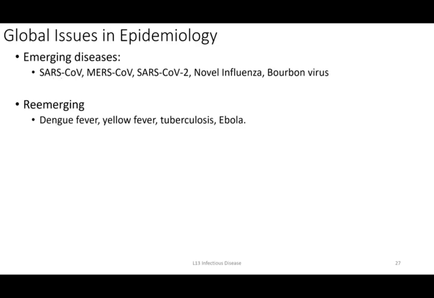So this is SARS-1, MERS. This one I just added this year, but novel influenza, and there's some tick-borne illnesses called Bourbon virus that was found in Tennessee, so it got a name there. So these are known as emerging diseases. So these are diseases that we haven't seen before.